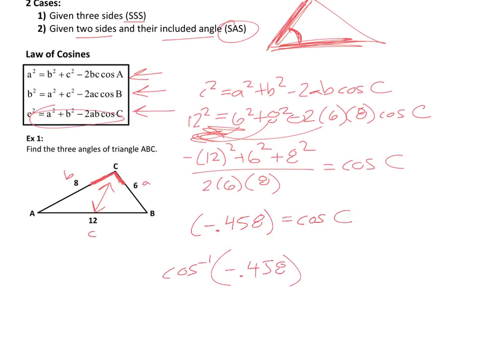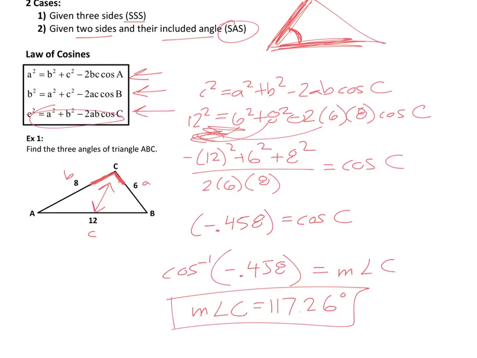When I take the inverse cosine of the right side, the cosine disappears and I'm left with the measurement of angle C, which is 117.26 degrees. Okay, got that.